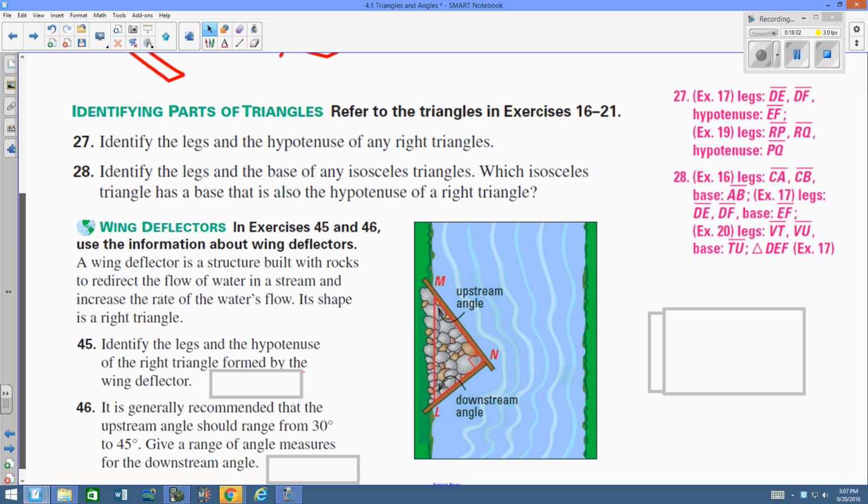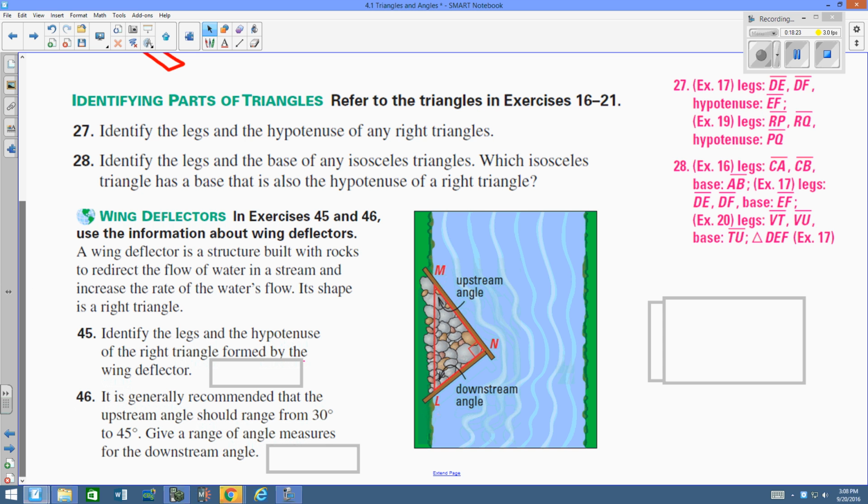So the legs were DE and DF, and the base was EF. And problem number 20 was isosceles only, and it had the legs VT and VU and the base of TU.